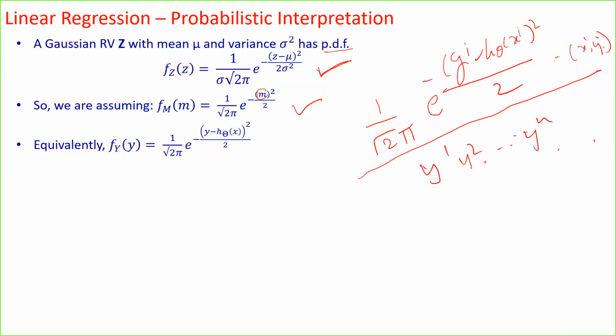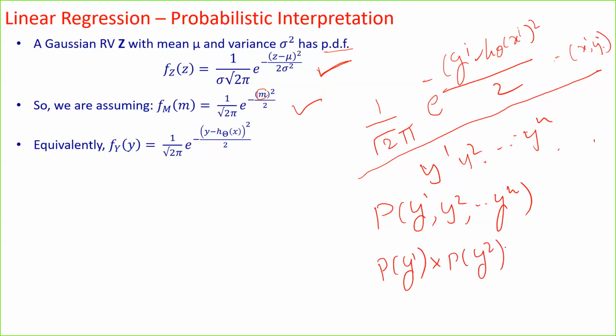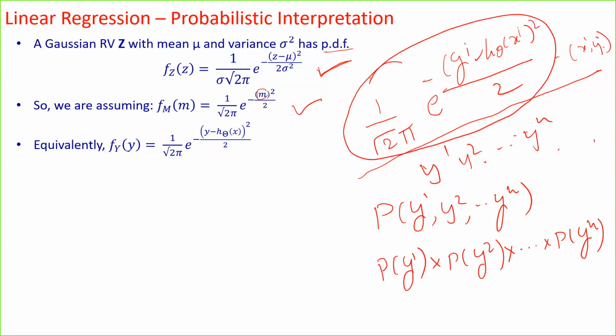So if you want the likelihood estimation of the data, you get the joint probability of y1, y2, so on, yn. What is the joint probability if the variables are independent of one another? Isn't it the product of the individual probabilities? Yes. Probability of y1, probability of y2, so on, probability of yn. And you know what is the probability of yi, which is this.